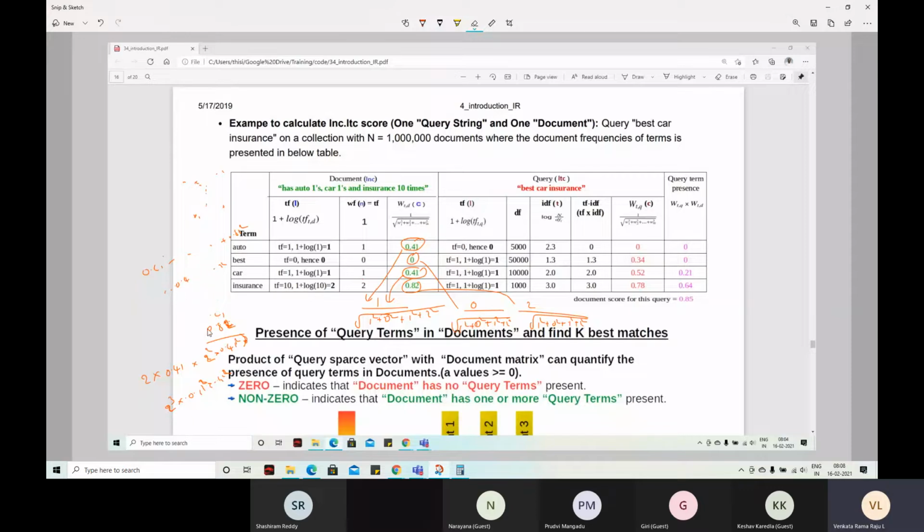You guys agree that this is a unit vector. I am just trying to see whether it is giving 1 or not. When you actually calculate the length of the vector, am I getting 1 or not? Let me write it clearly. Square root of 0.41 square plus 0 square plus 0.41 square plus 0.82 square, right?